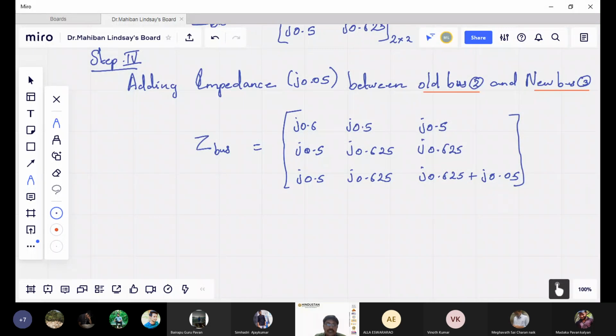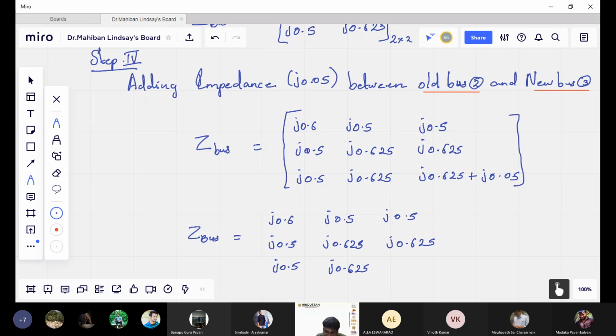Z bus is equal to j0.6, j0.5, j0.5, j0.5, j0.625, j0.625, j0.5, j0.625, and here we add j0.625 plus j0.05, so it becomes j0.675. So this is the final Z bus value.